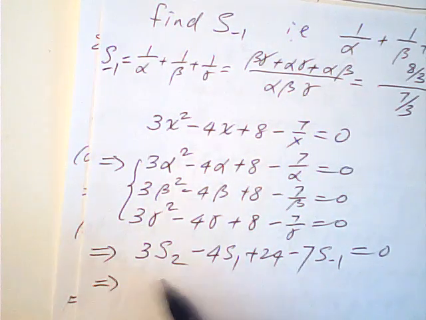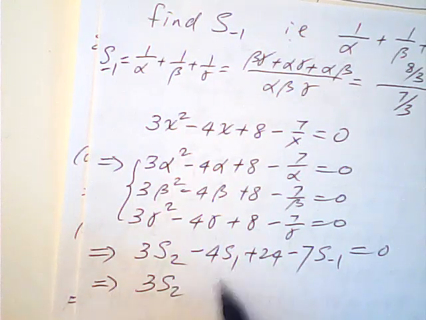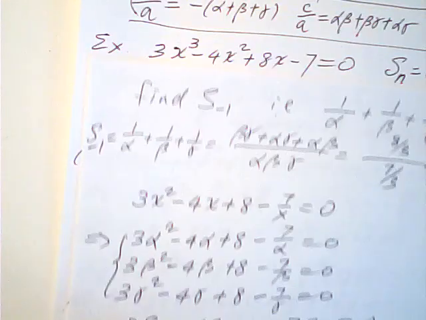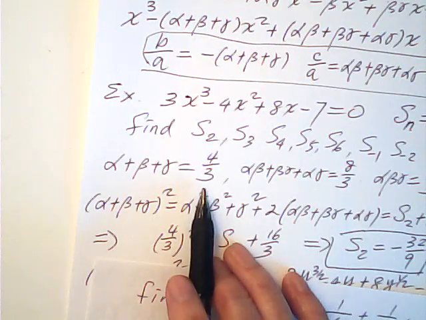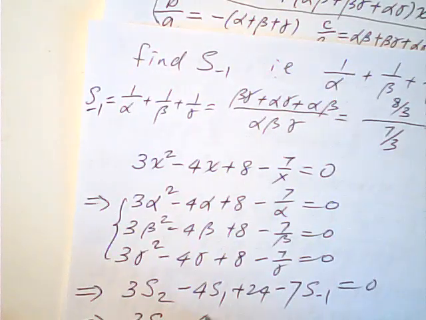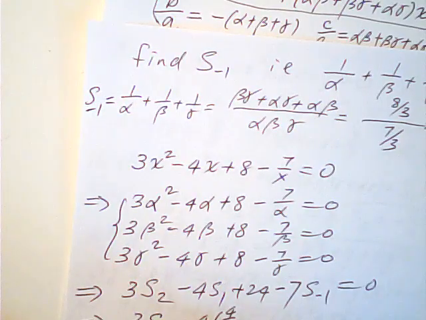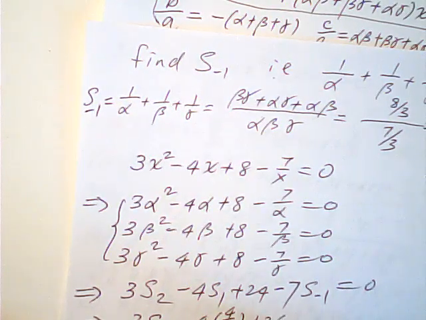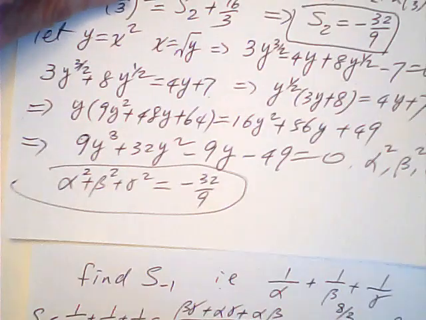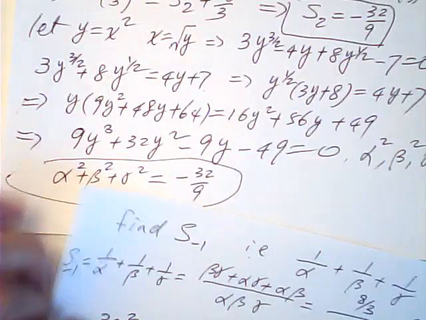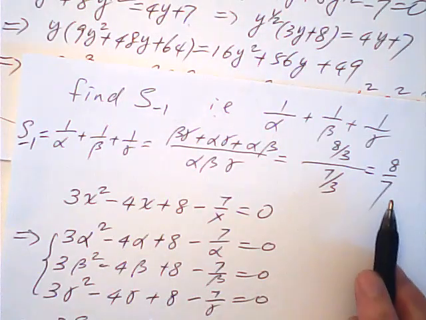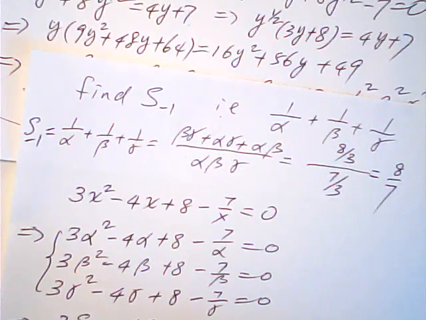Since S1 is equal to 4 over 3, we have 3 S2 minus 4 times 4 over 3 plus 24 minus 7 times S negative 1, and S negative 1 is 8 over 7.